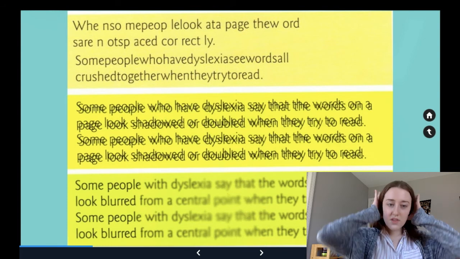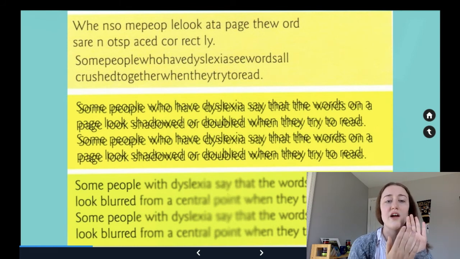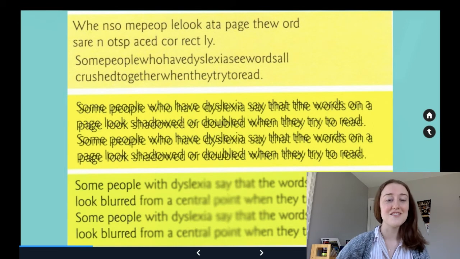And then as you can see in the middle section of the screen, some people with dyslexia report that they see shadows of the words that they're trying to read, so it looks like they're seeing double of everything, which is obviously something that would make it more difficult to read.